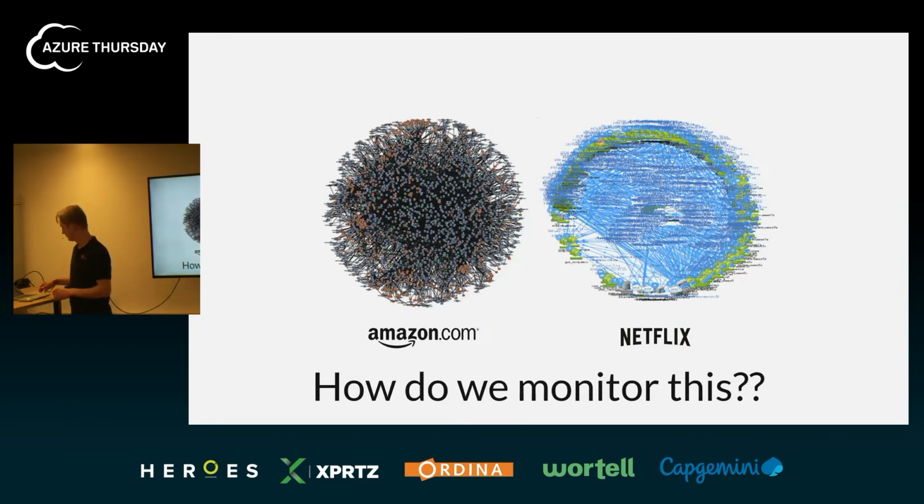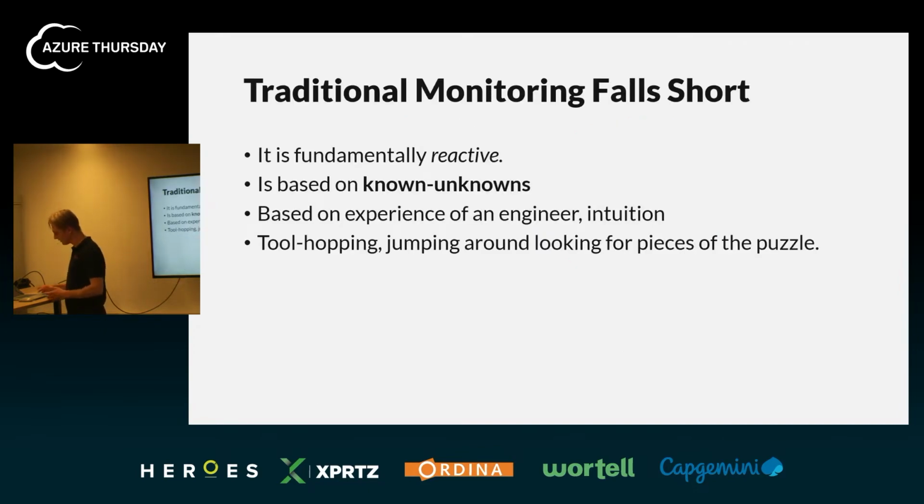Is it possible? People like us, or smart people in the industry, have thought about it, and they say no. Traditional monitoring falls short. There are a couple of reasons for that. First of all, it is a reactive approach, right? You monitor, for example, your CPU usage, and only when it hits a certain percentage, you go and fix.